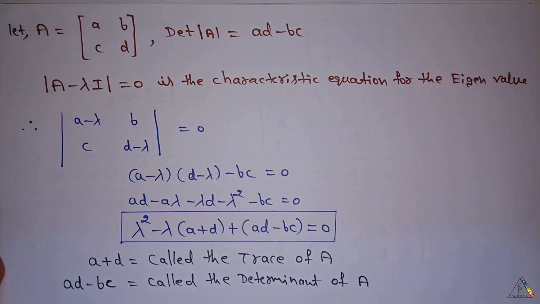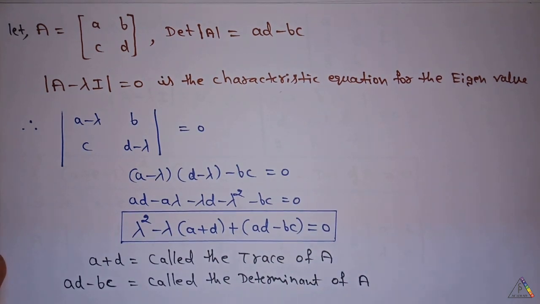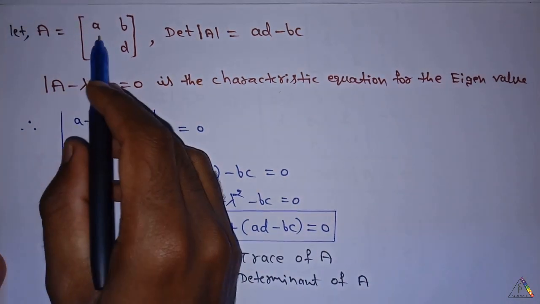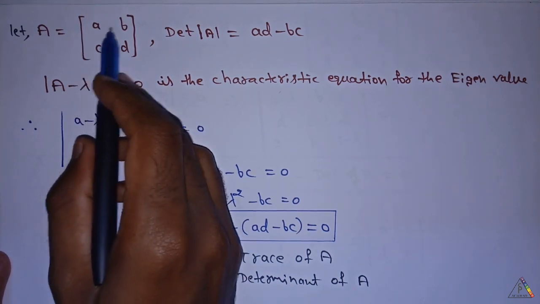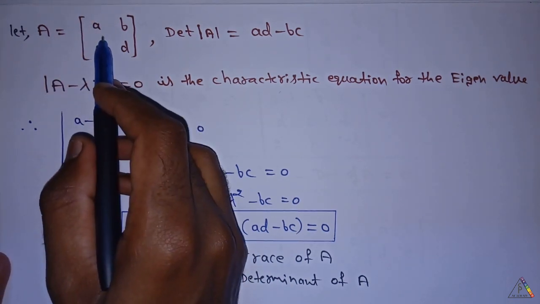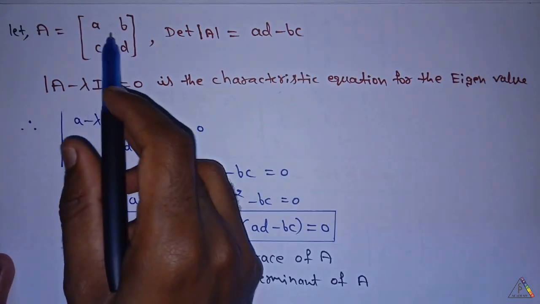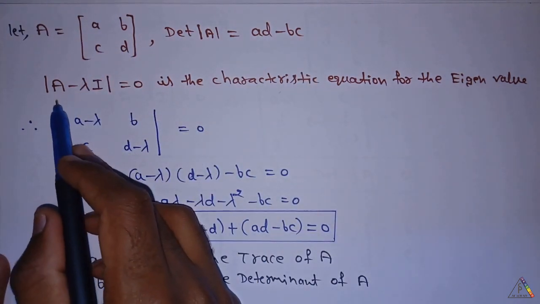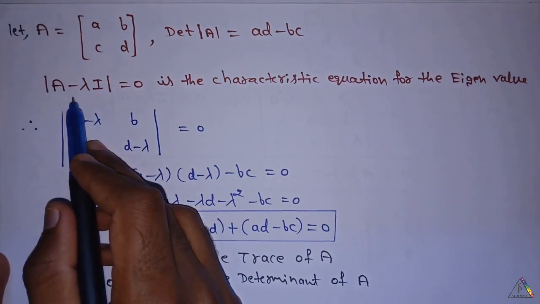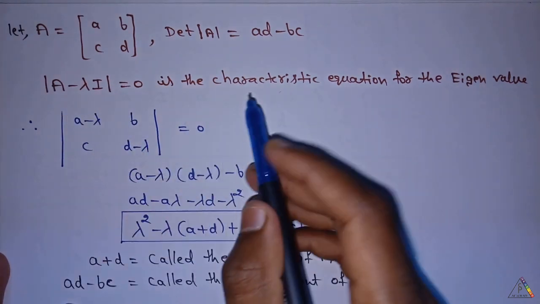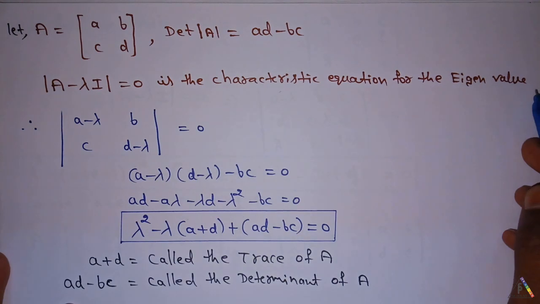Consider any general 2 cross 2 matrix with the components A, B, C, D, and the determinant of this matrix A is AD minus BC, and for this matrix the characteristic equation is determinant of A minus lambda I equals 0.